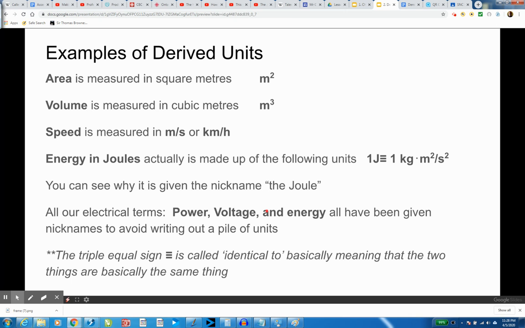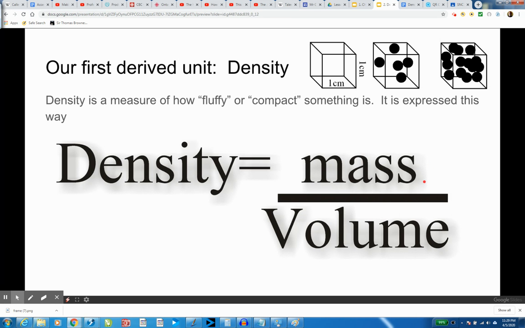Energy in joules is actually a kilogram meter squared per second squared, which is why we gave it the nickname joule. And all the electrical terms we've used are actually combinations of the other ones. And so the triple equal sign is what we use to show that things are identically the same. So 1 joule is identical to a kilogram meter squared per second squared. The derived units become really important later in chemistry and physics.